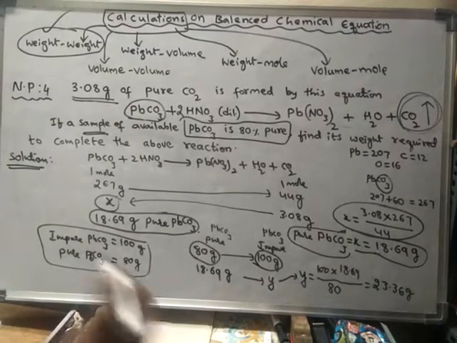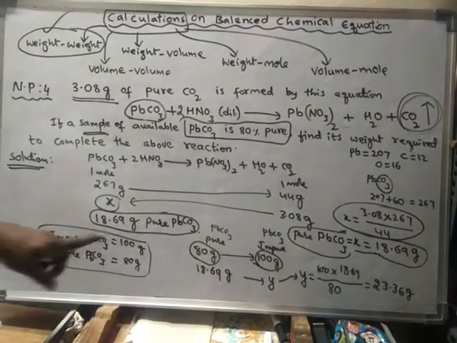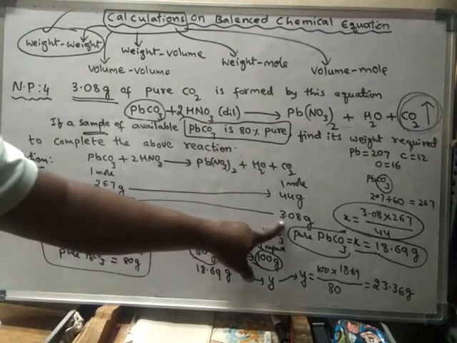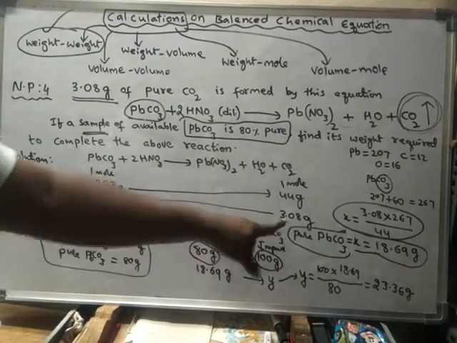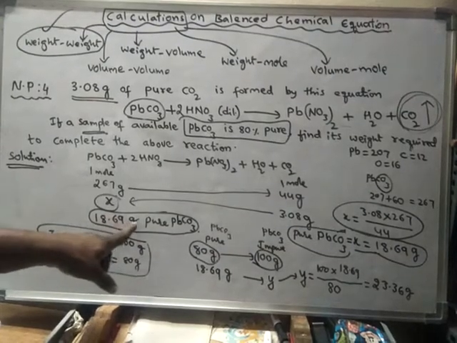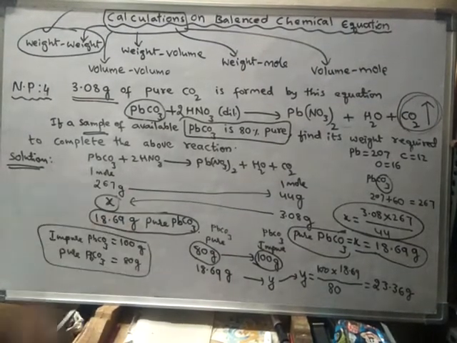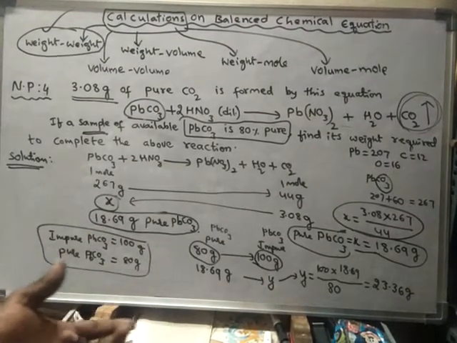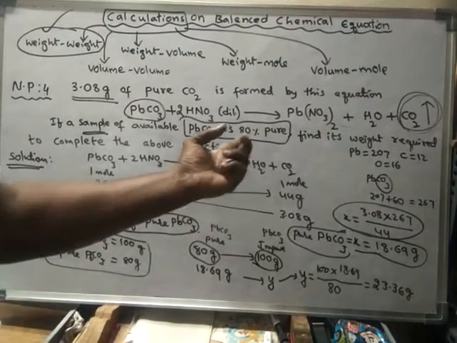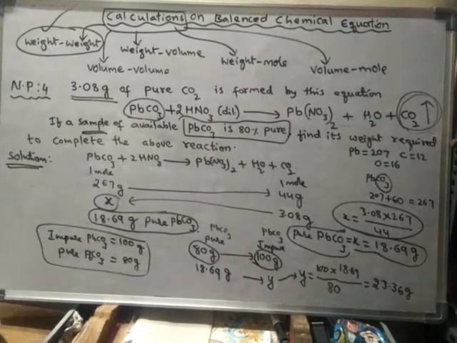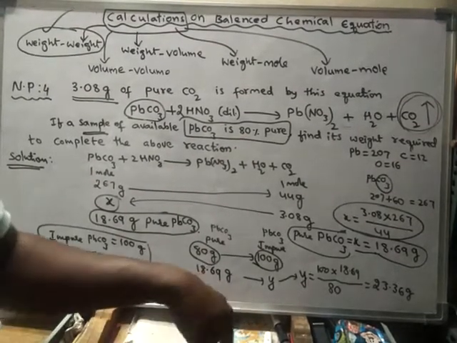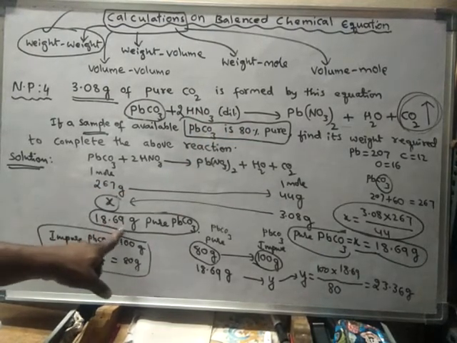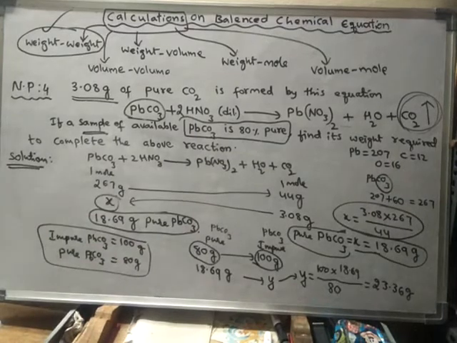That means how much lead carbonate is actually required for the production of 3.08 grams of carbon dioxide? Actually 18.69 grams of pure lead carbonate is required. But we don't have pure lead carbonate. We have impure lead carbonate, and that too 80% pure. So how much impure lead carbonate do we have to take in order to get 18.69 grams of pure lead carbonate?